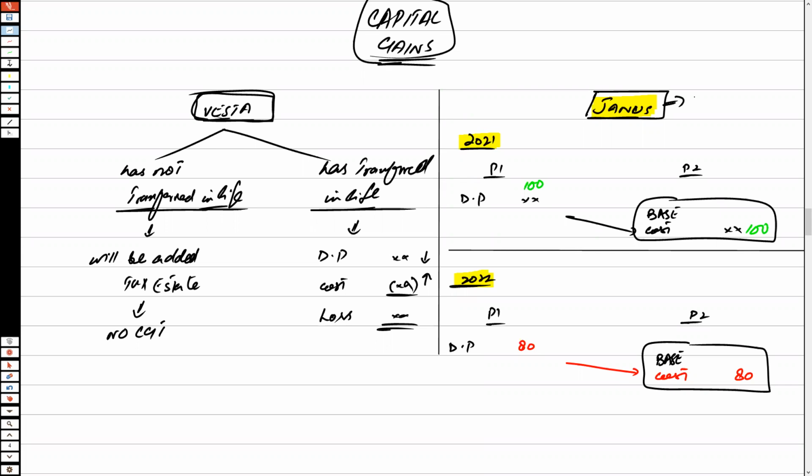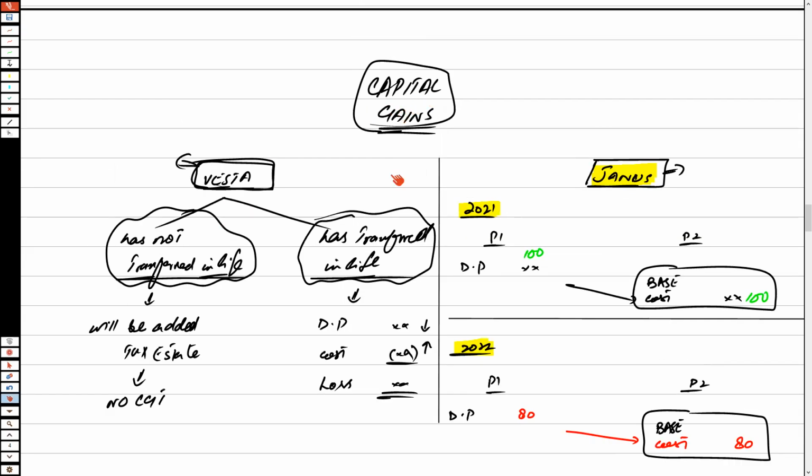So from Vesta's point of view, as we concluded, whether the person is transferring this asset in life or at the time of death estate, this person will remain indifferent from capital gains tax purposes.